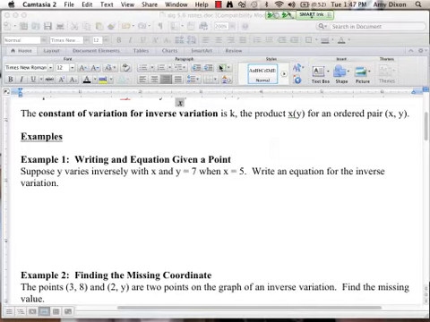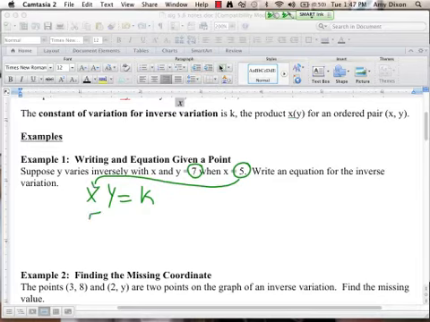Well, if we know the equation for inverse variation is xy equals k, and we know that y is 7 and x is 5, we're going to plug those numbers in for x and y. So I'm going to plug 5 in for x, so I get 5 times 7 for y, and this will give me my constant of variation, which is 35. So I know that k equals 35.